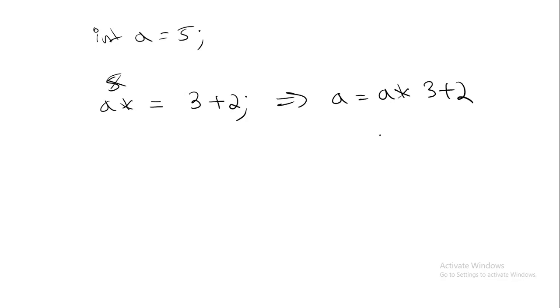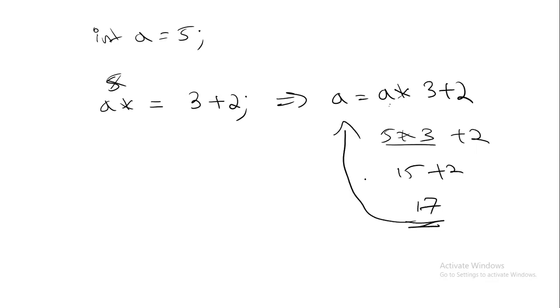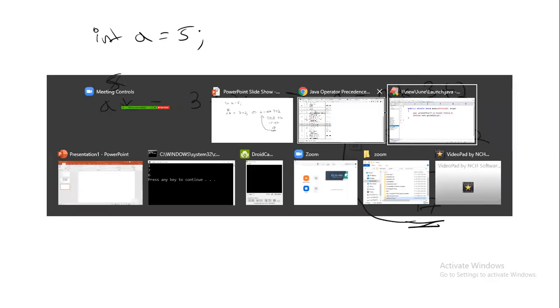What's the A value? 5. 5 into 3 should happen first, plus 2. 5 into 3 is 15. 15 plus 2 is 17. And that 17 value is given to A, right? So the answer is 17. Is there anyone telling other than 17 here? No, right? You have understood, right? So the answer should be 17.